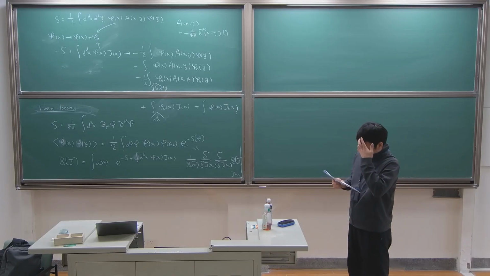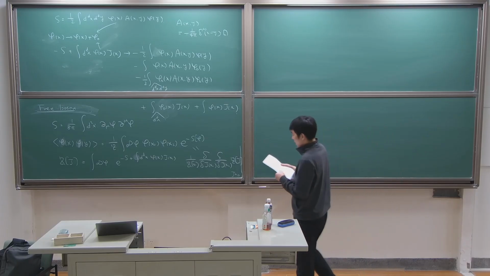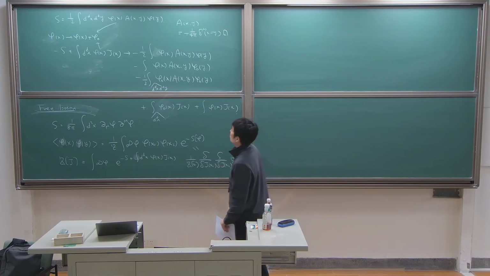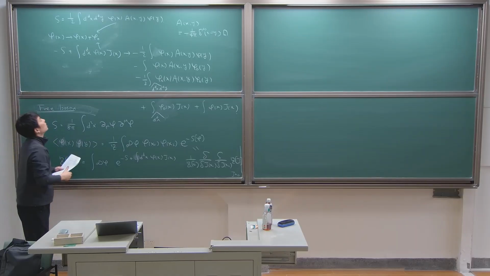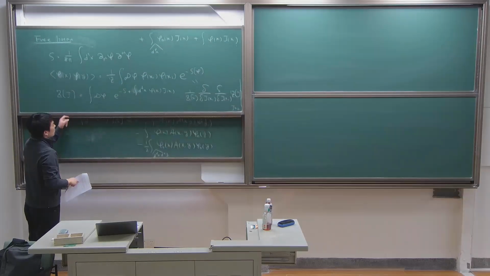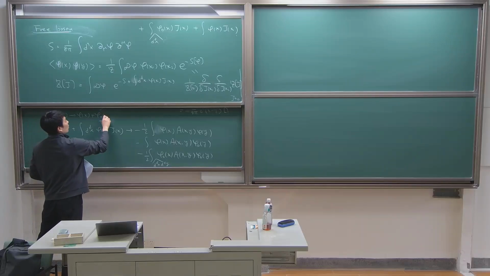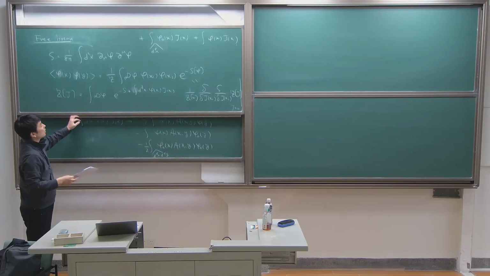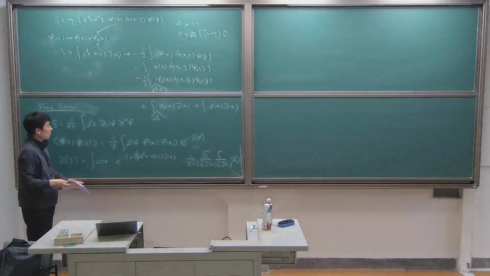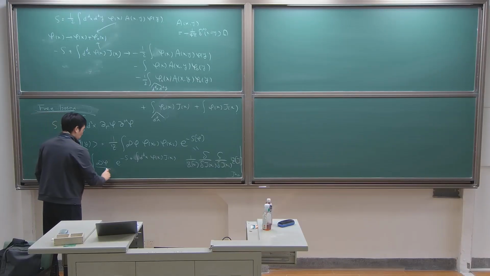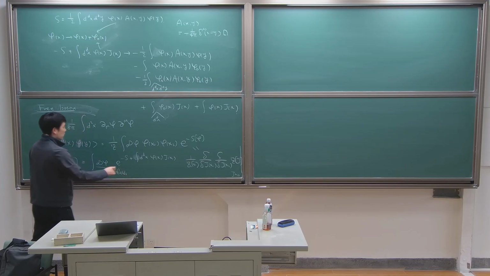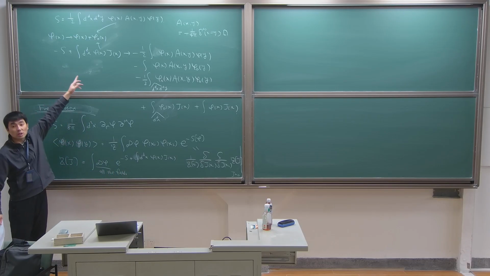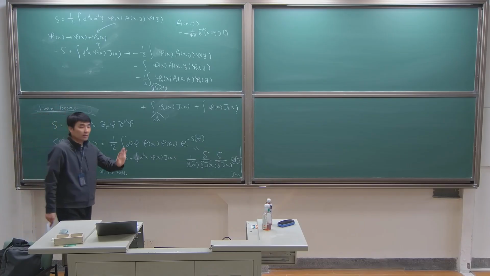Fine. This shift is okay, because in any case, in the path integral we need to integrate over all the fields. So even if you shift by phi 0 of x, it's totally fine.